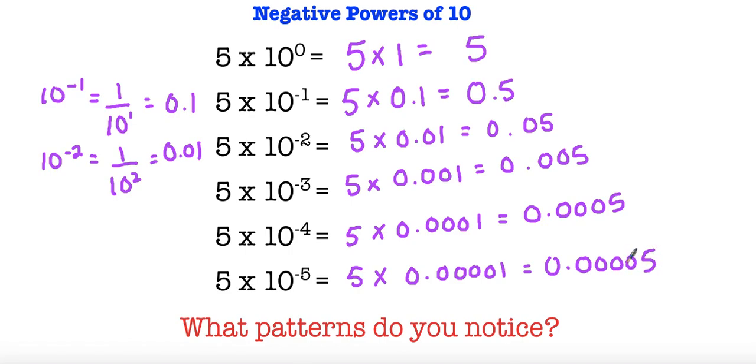Okay, so there also is a pattern here. Instead of making our number larger, the lower the exponent, the smaller our number is.